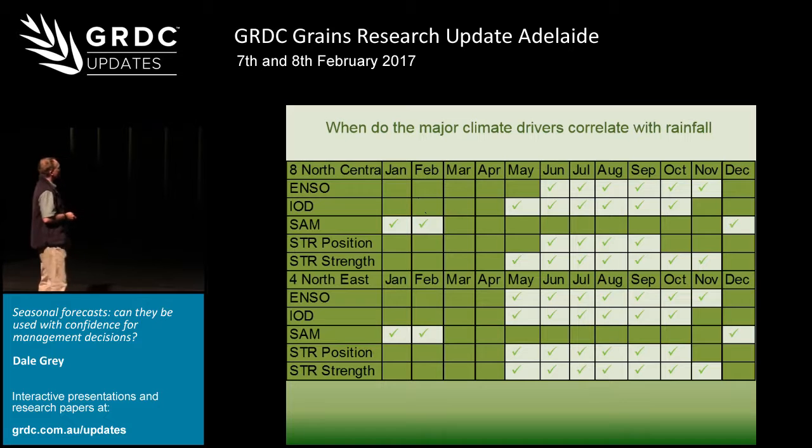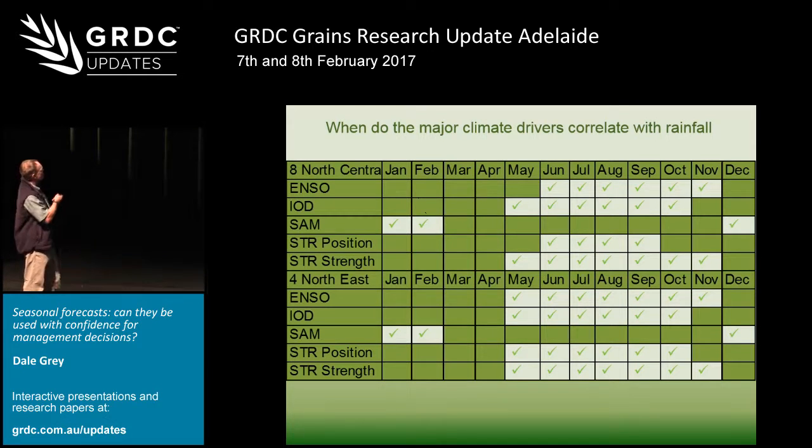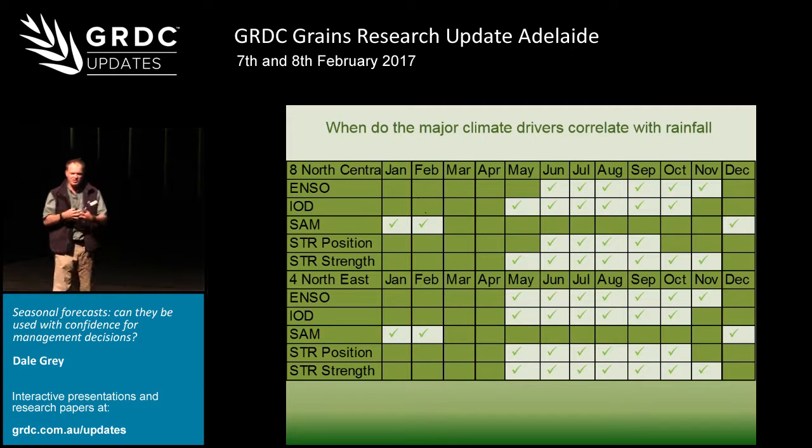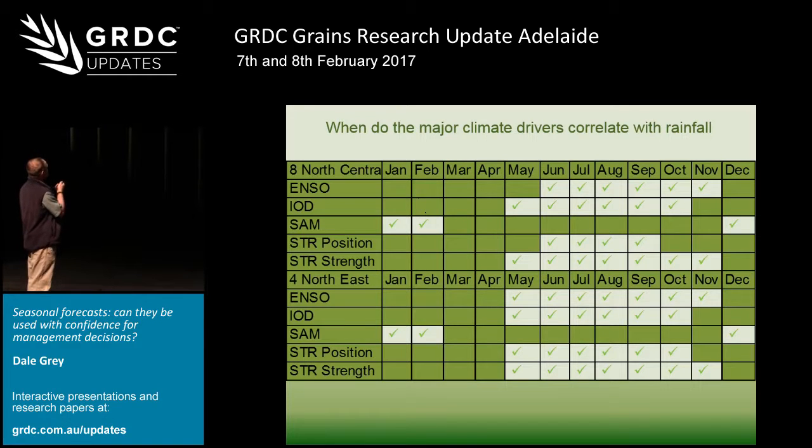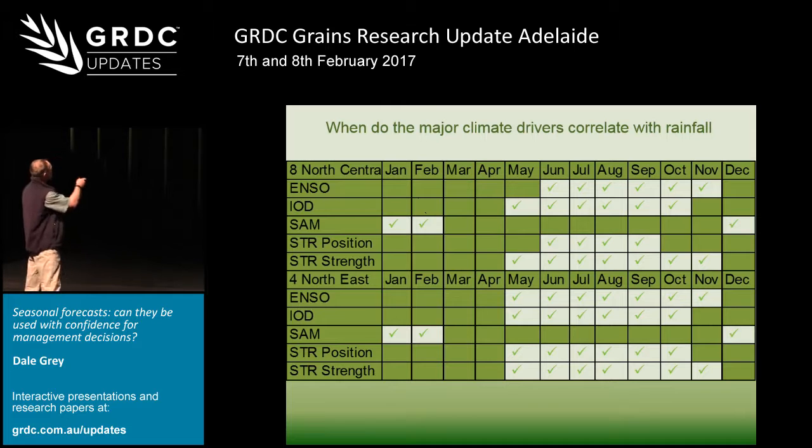The other problem we've got really is just the way the world works in terms of what times of the year do the various phenomena that some of these models are trying to predict actually affect our rainfall. So this is for North Central and the North East. It's not very different from the Wimmera and the Mallee in the southwest. East Gippsland, it's very different.